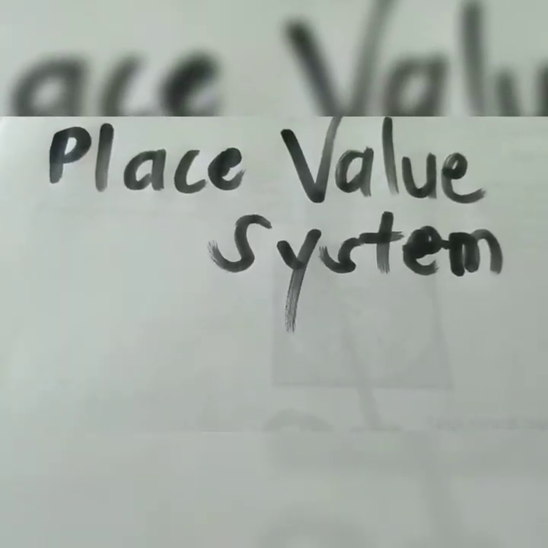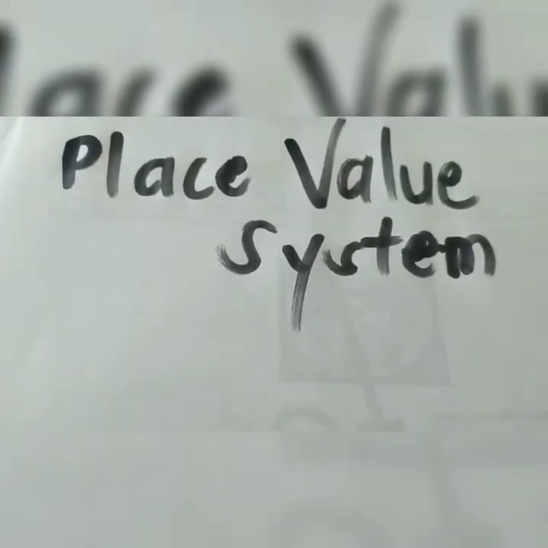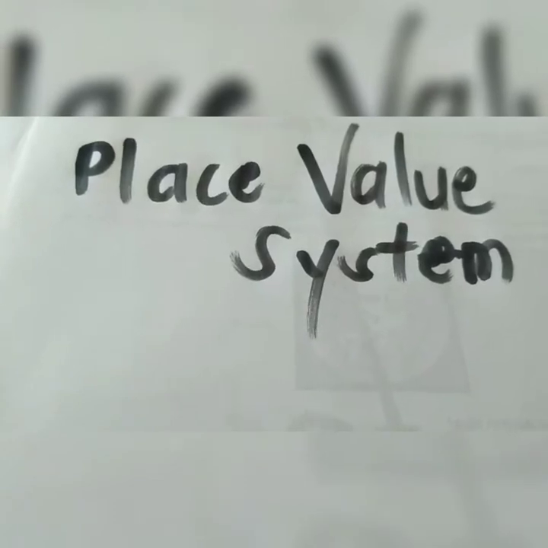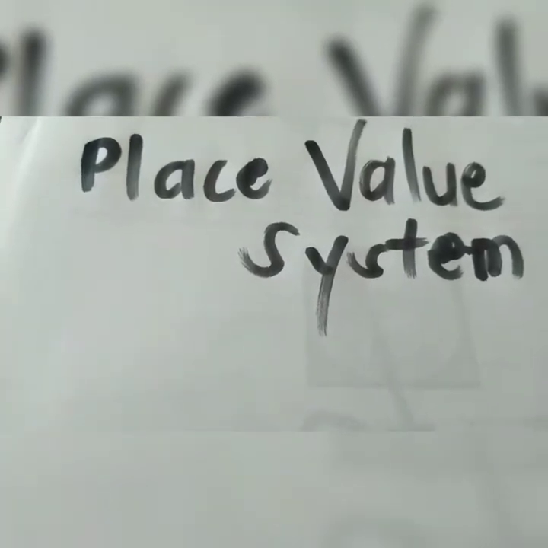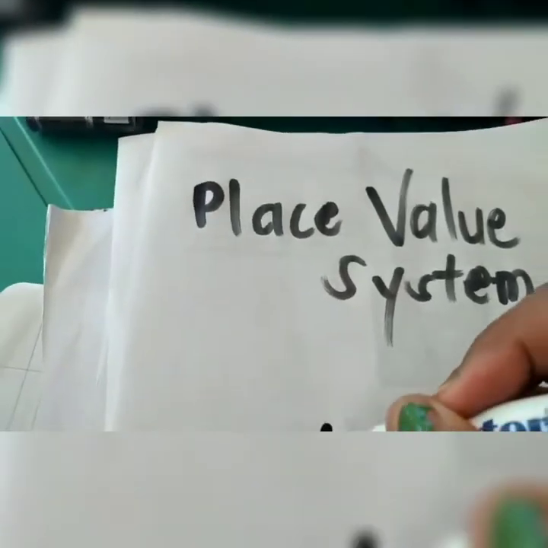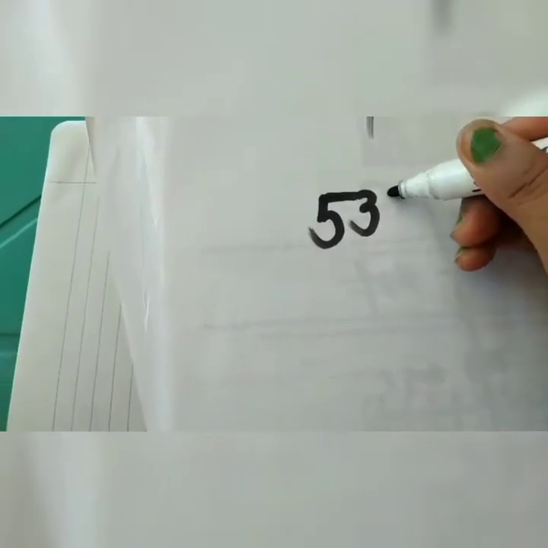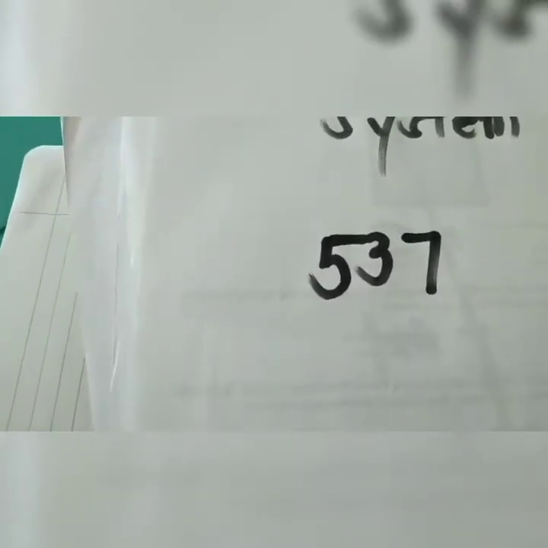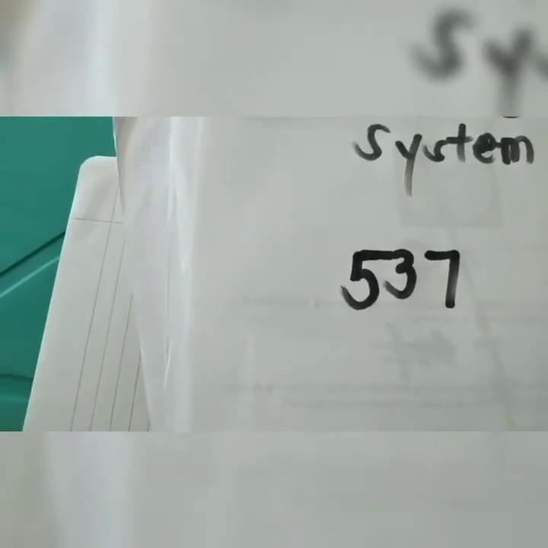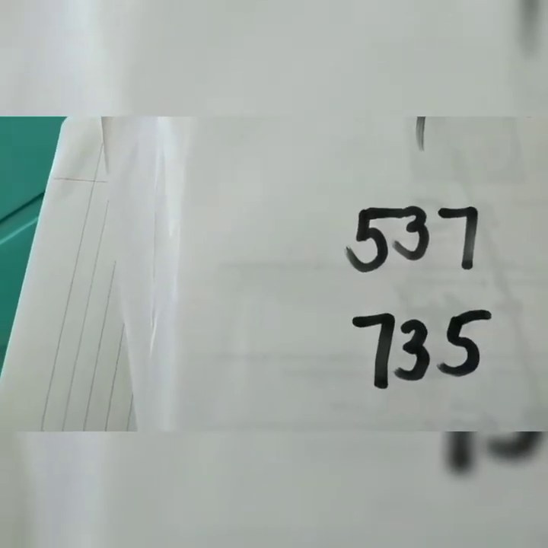Our number system is called place value system because the value of a digit depends on its position or place in a number. Take a look at this number, 537, and 735.